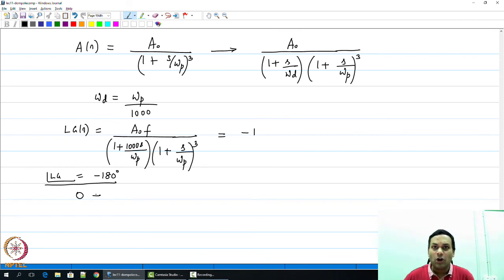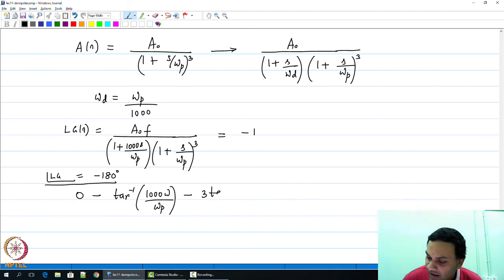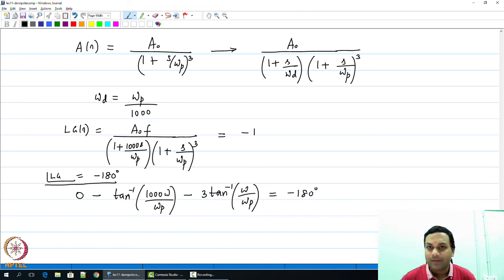So the first dominant pole gives me a phase which is tan inverse 1000 omega by omega p, minus, now the 3 poles at omega p give me a phase of -3 tan inverse omega by omega p, and I'm going to equate this to -180 degrees.